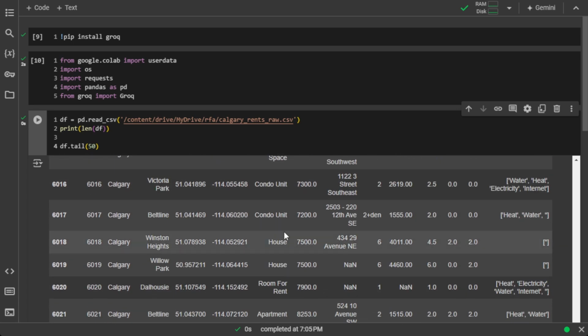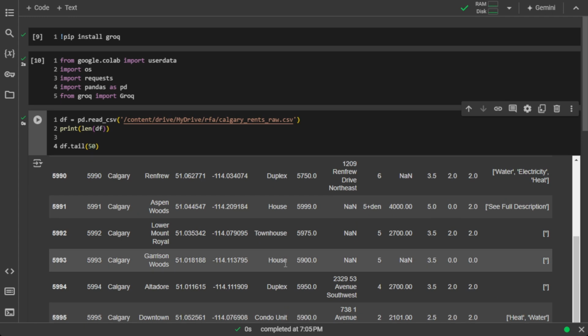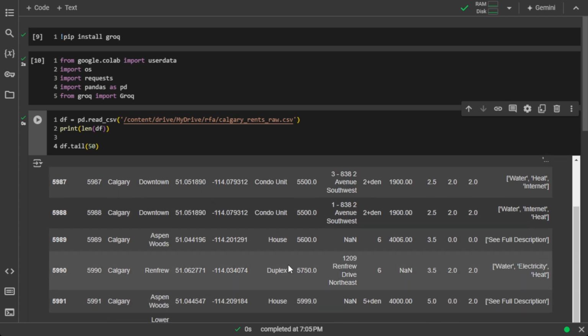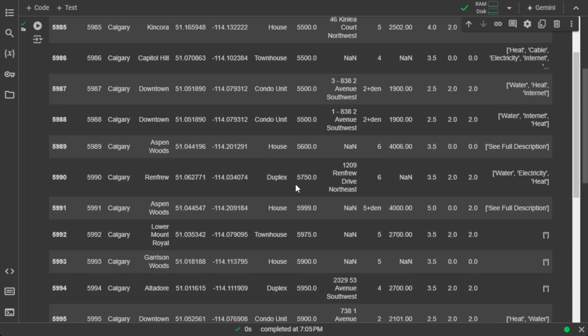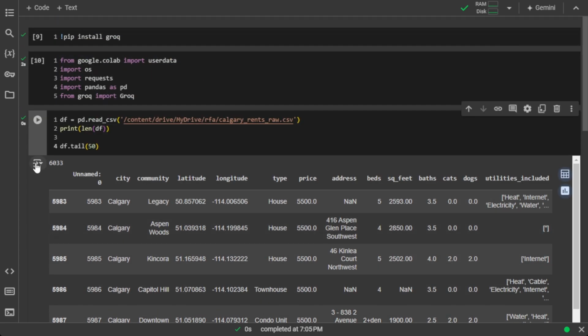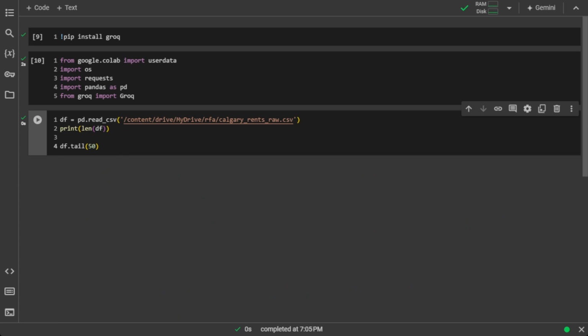So this is the data set that we're going to be allowing the large language model to basically interpret and look at. So let's just move on.